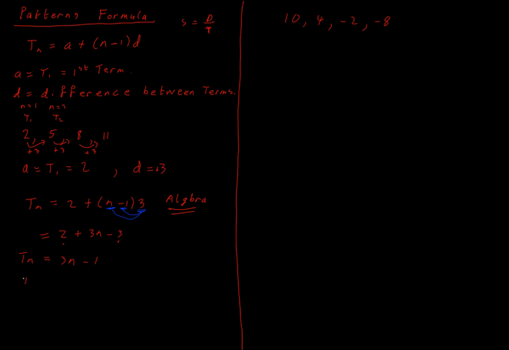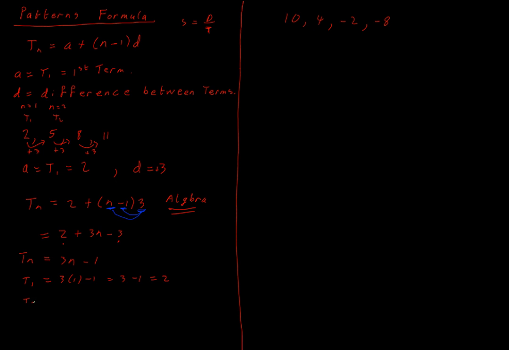So if I wanted the first term in my list, that would be 3 by 1. I know 3 multiplied by whatever number n is. Minus 1 is 3 minus 1 is equal to 2. So that checks out. That is the first number in my list.